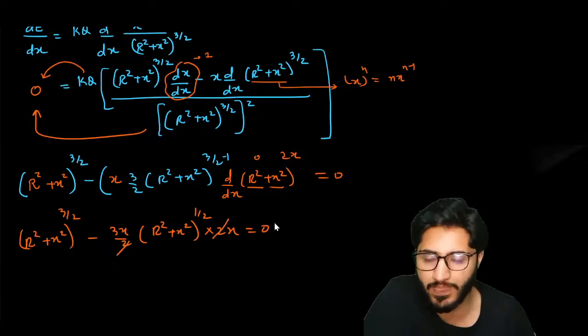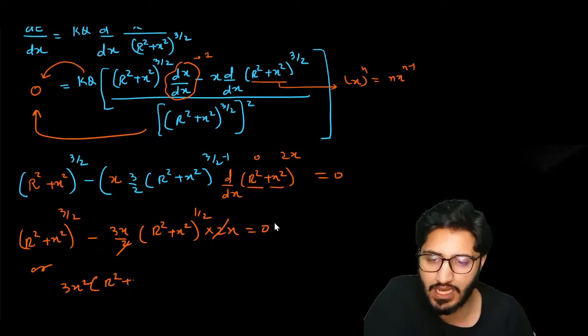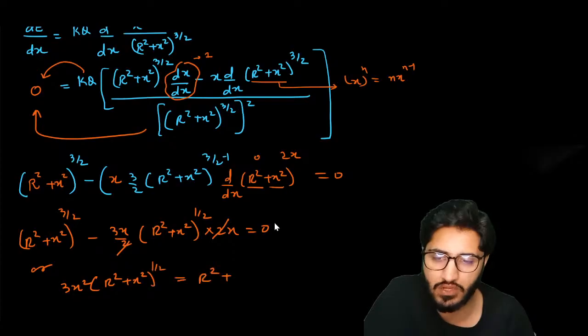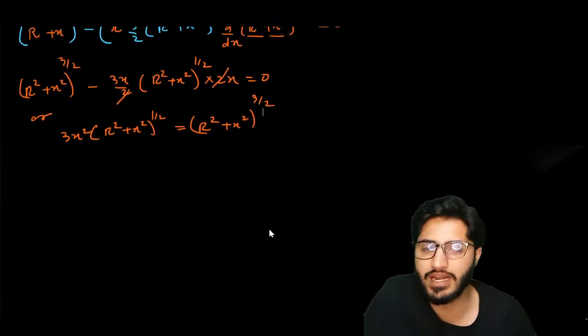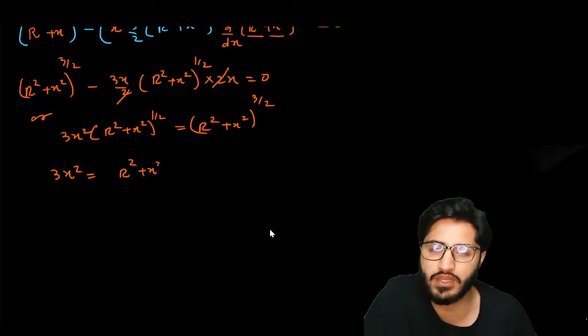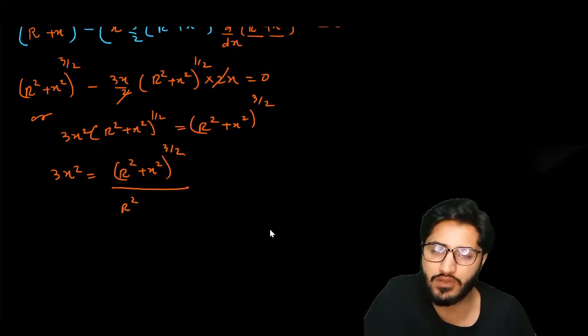The 2 cancels out. I can write it like this now: 3x square times (r square plus x square) to the power 1 by 2 is equal to (r square plus x square) to the power 3 by 2. So can I write now, 3x square is equal to (r square plus x square) to the power 3 by 2 whole divided by (r square plus x square) to the power 1 by 2.